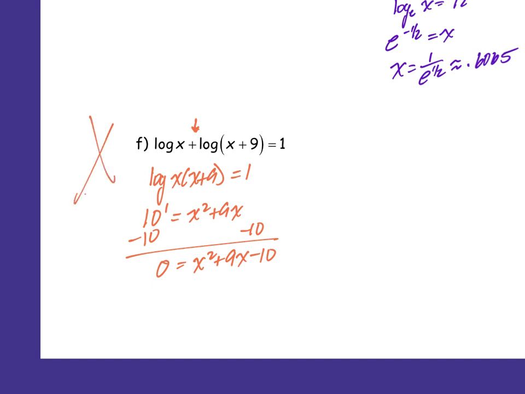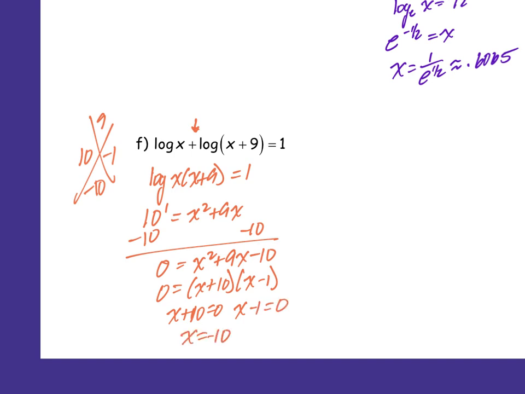So I need two numbers that multiply to be -10 and add to be 9. Well, that's 10 and -1. So it factors to x plus 10 and x minus 1. So x plus 10 equals 0, or x minus 1 equals 0. So x is going to equal -10 or +1, and it cannot be -10. So x equals 1. Questions?